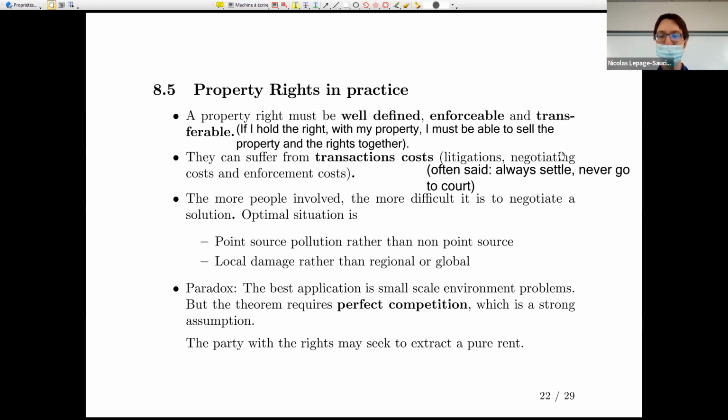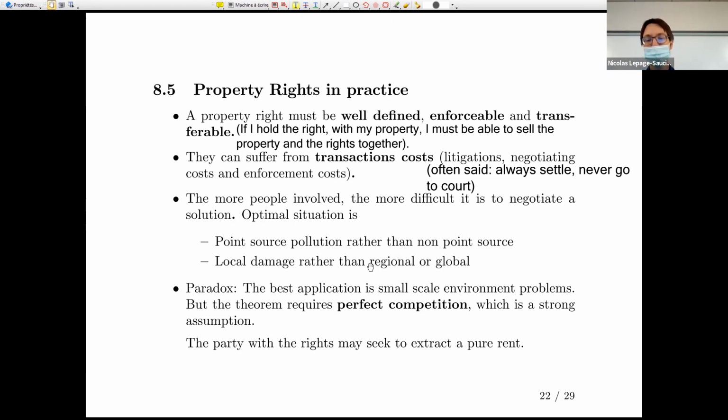Yeah, so there are also negotiating costs and enforcement costs, of course, which I've already said. The more people involved, the more difficult it is to negotiate a solution. It's why optimal pollution is point source rather than non-point source. You want to speak to the owner of that factory. You don't want to have a river polluted by 10 different people, because that's just a mess and there's no hope.